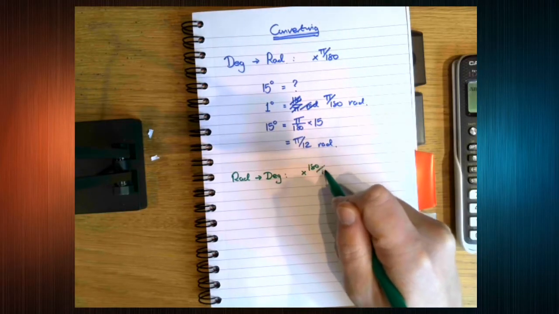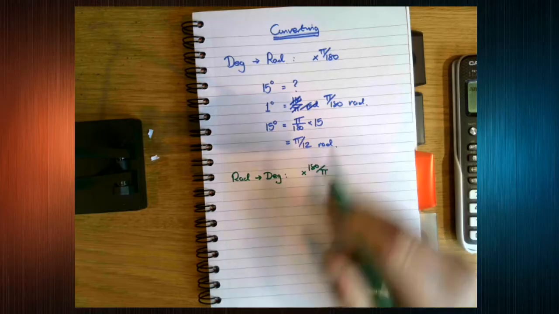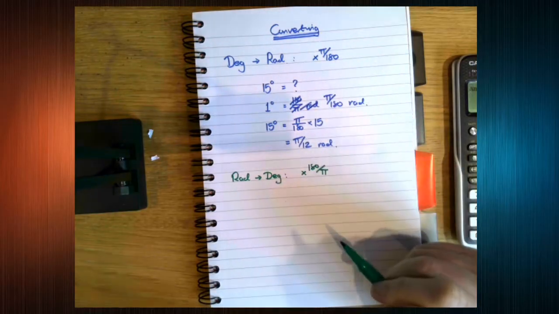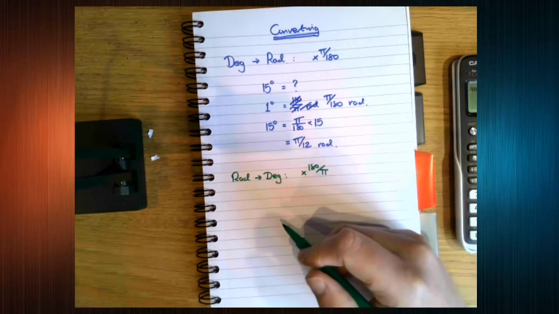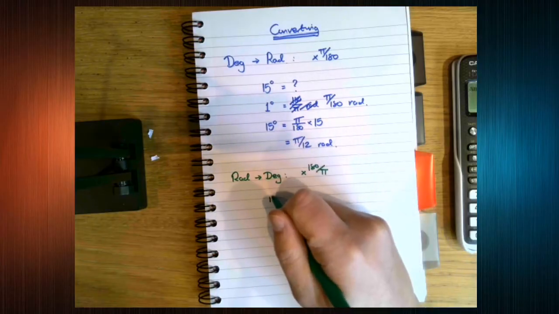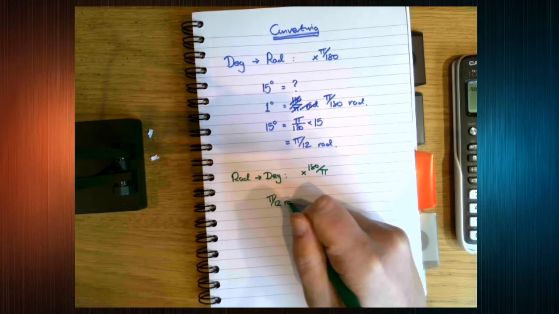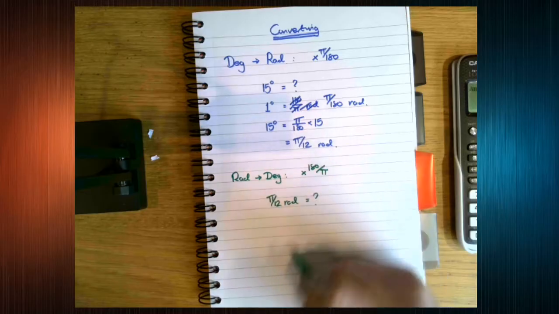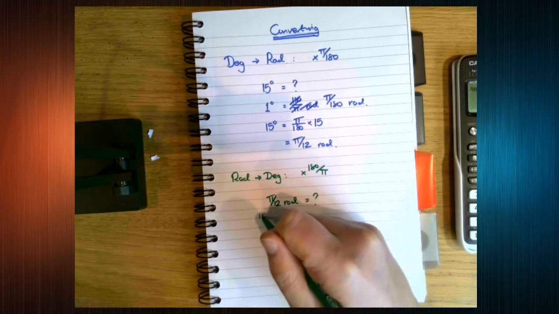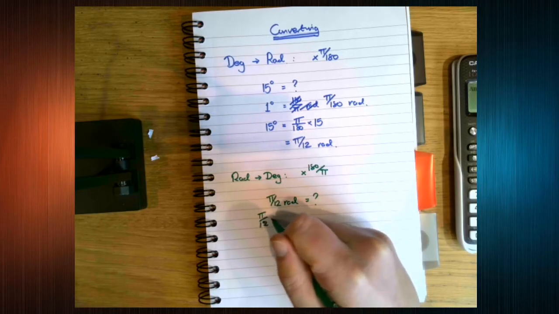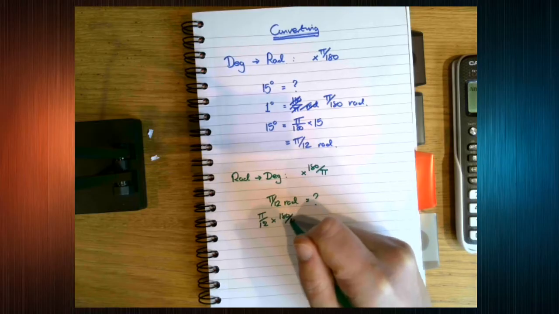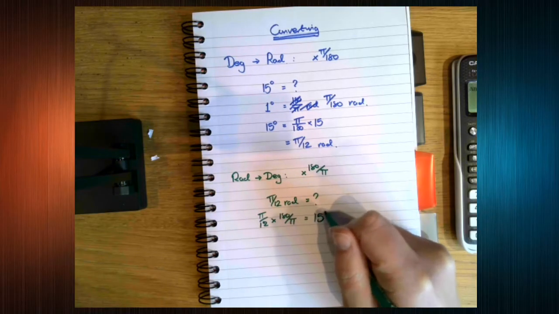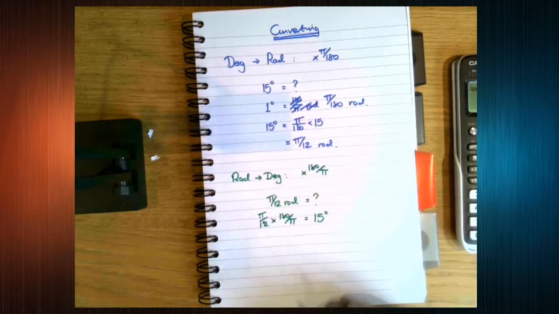We're going to times by 180 over pi. Same idea, but backwards. So if we've got pi over 12 radians, if we do pi over 12 times 180 over pi, that gives us 15 degrees, which is what we saw.